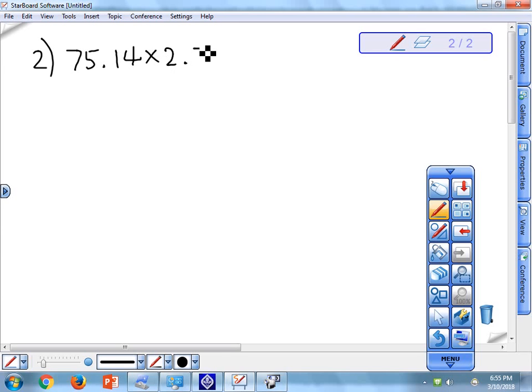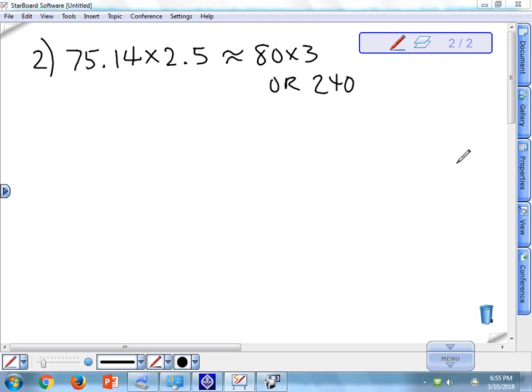Now before we multiply these together, it's a great idea to do a quick estimate. So this is approximately 80 times 3, or 240. Now again, it's a rough estimate. We don't imagine that our answer is going to be exactly that, but it at least gives us an idea of what we're shooting for when we do this multiplication.